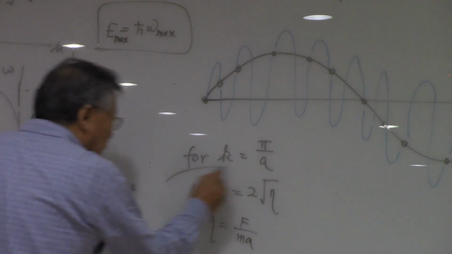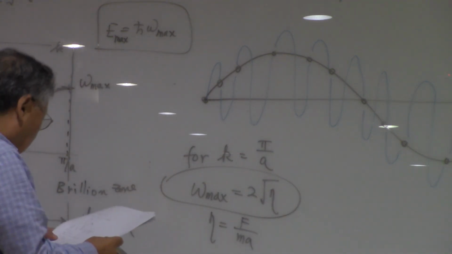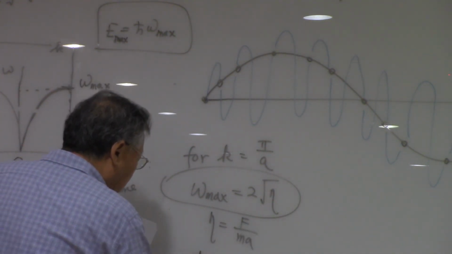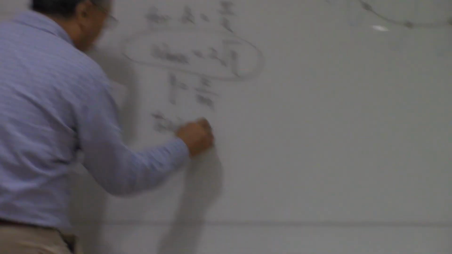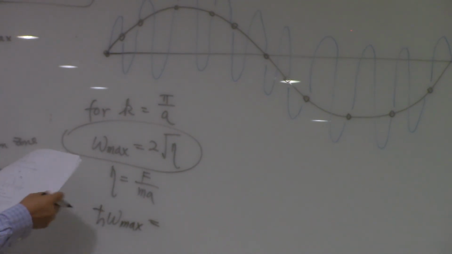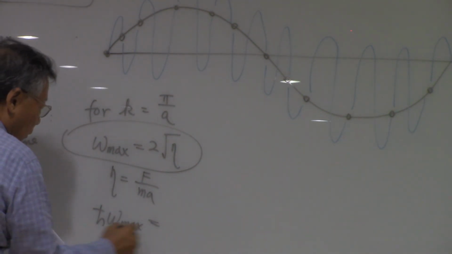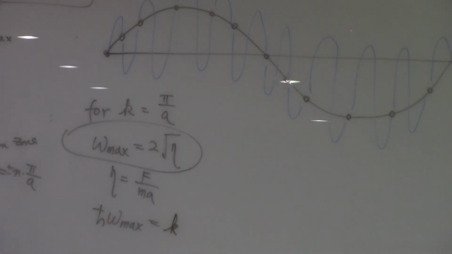And this omega max is when you have h bar omega max, okay? Then that is the maximum energies, and then if you divide the energy with the Boltzmann constant, you can get the temperature, right?